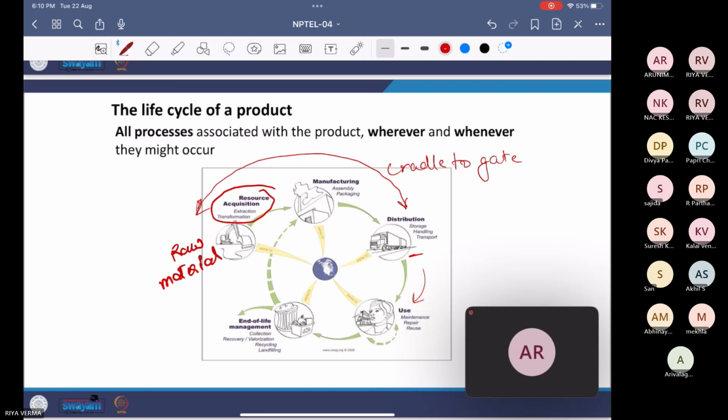And when we look at the complete life cycle of that product, this is known as cradle to grave. And in every stage some impact or other is there, so we need to have a look into that as well. In every stage we have certain impacts on our environment or ecosystem.